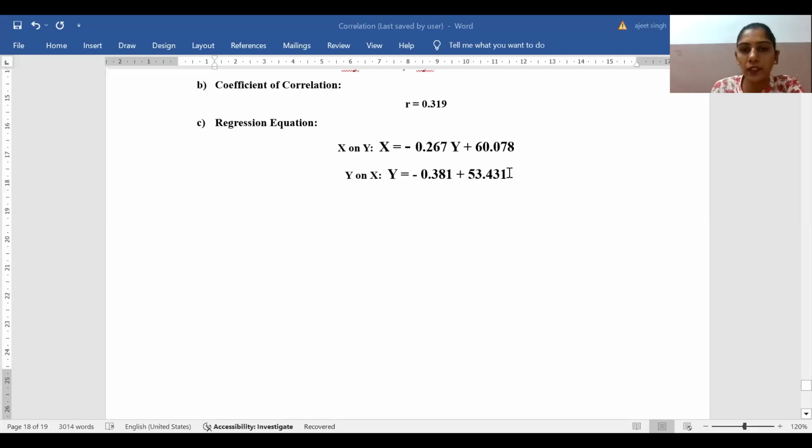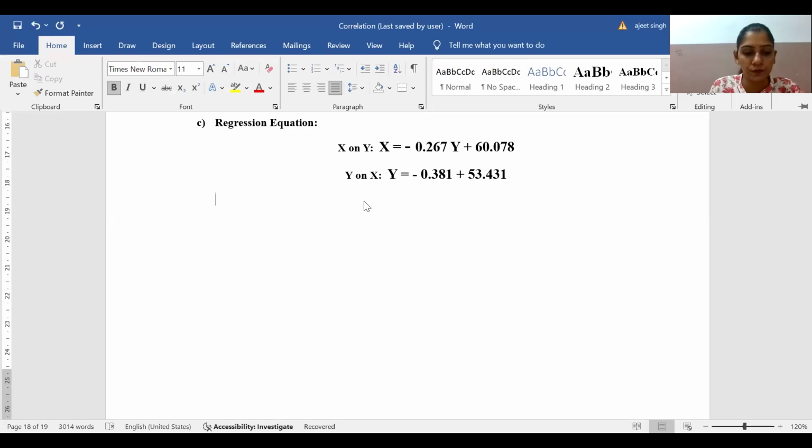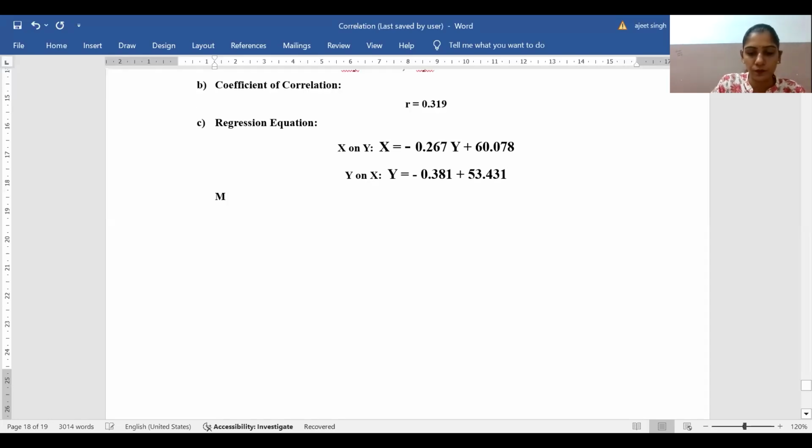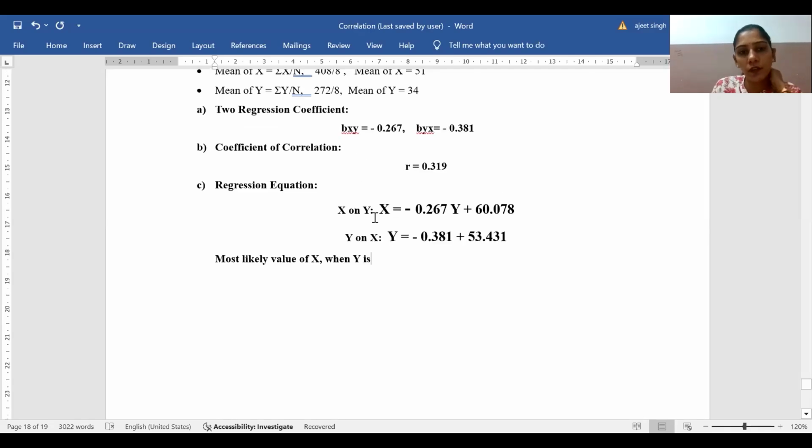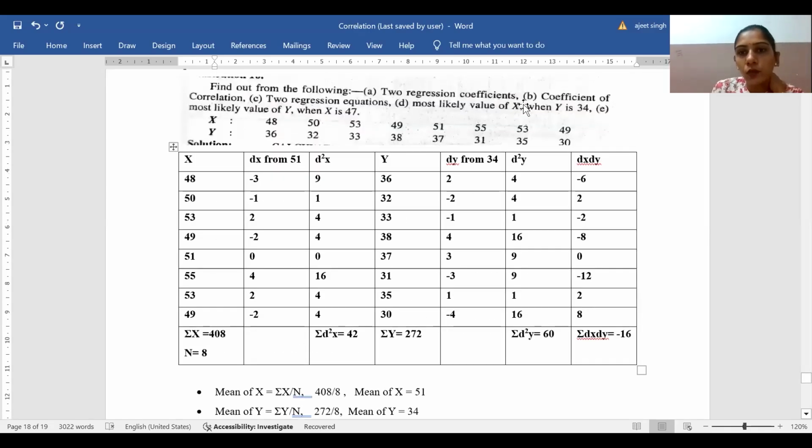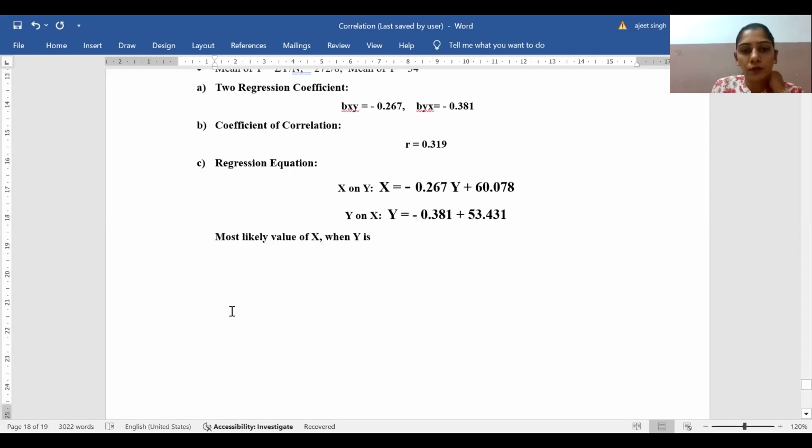So let's calculate this part also. The most likely value of x, when y is given. The value of y is 34.